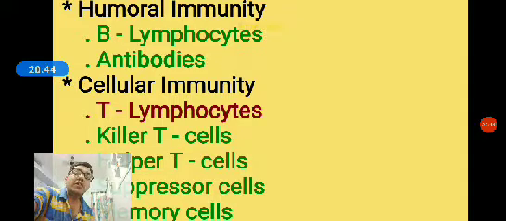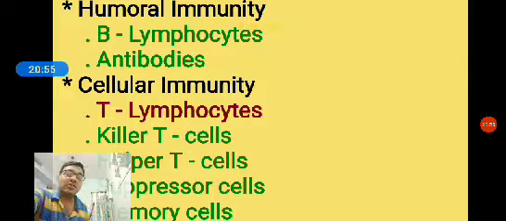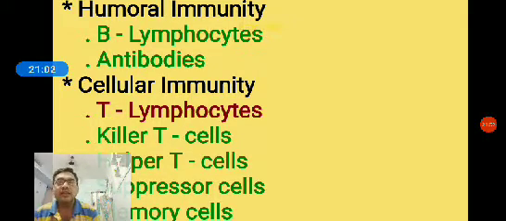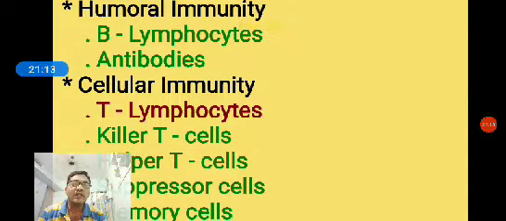First, lymphocytes. These are WBC cells that originate and are formed in the bone marrow. 50% of the lymphocytes reach the thymus. In the thymus gland, they differentiate into T lymphocytes, which we call T cells.